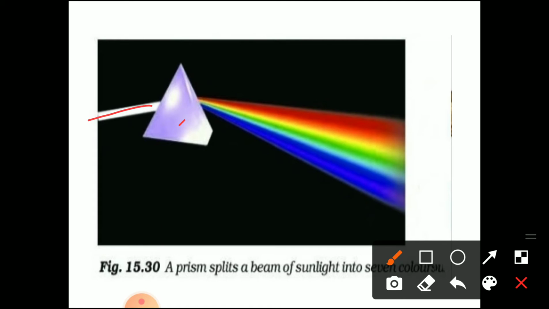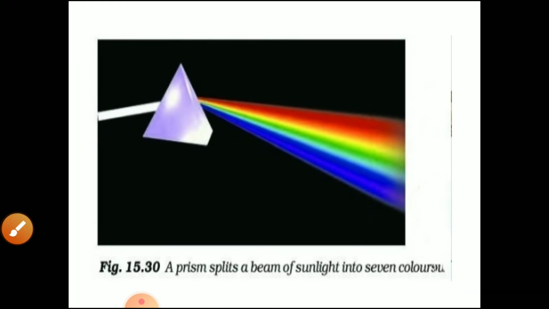Let the light coming out of the other face of the prism fall on a white sheet of paper or on a white wall. Now after this, what do you observe?